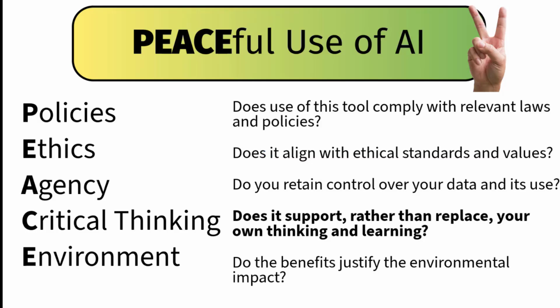And consider, does it support rather than replace your own thinking and learning? Because we know that things like writing and researching can be hard, and these tools can make it easier, and it's great. But we don't want to do that at the cost of our own thinking and learning and our own personal development. So that's something to just keep in mind throughout this process.